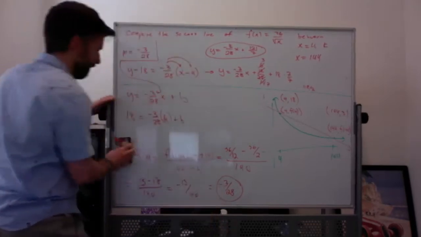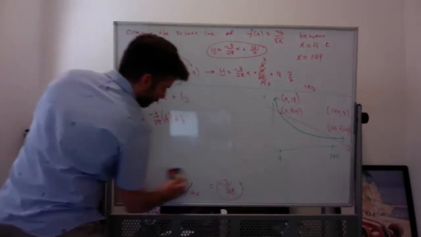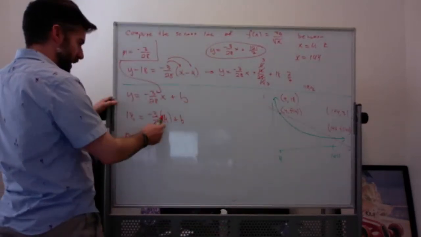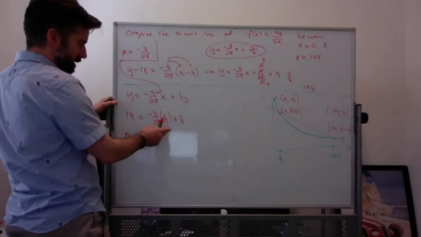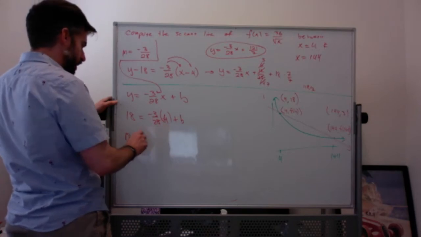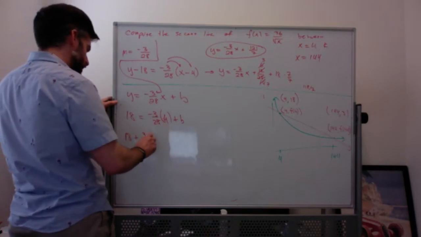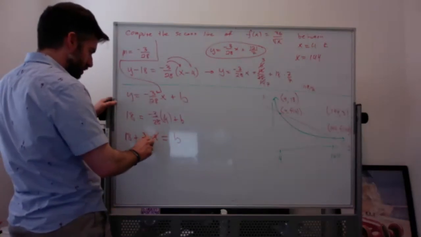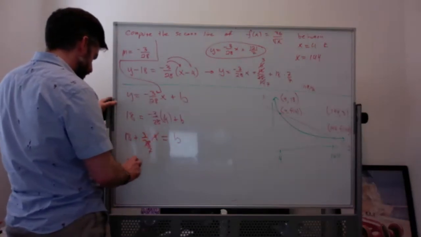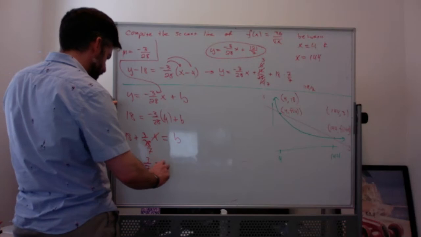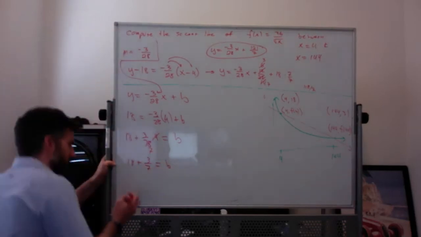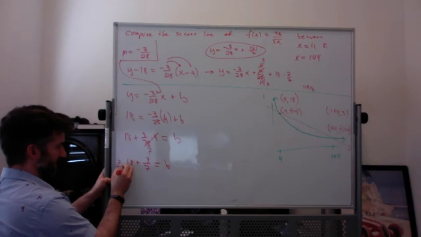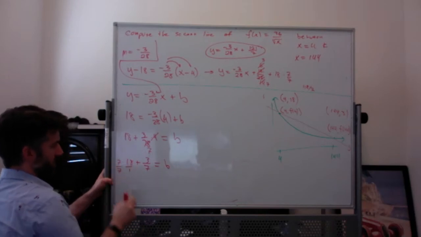And then we can use that to find our b value. Because this is -3/28 times 4, it's going to be +3/28 times 4, but I can cancel. So I've got 18 plus 3/7 plus b. Then I'm going to multiply 18 by 7 over 7, because that's 18 over 1.